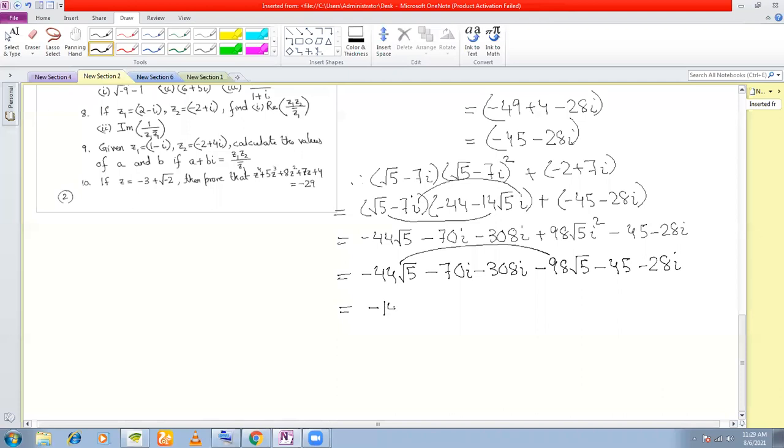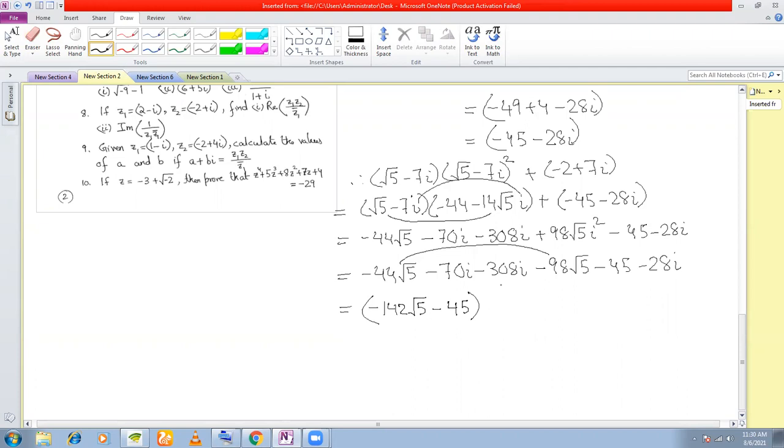Minus 142 root 5, right? And there's a 45 here. So you get minus 45, right?